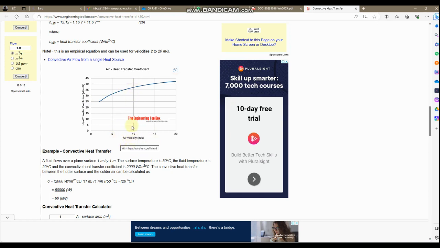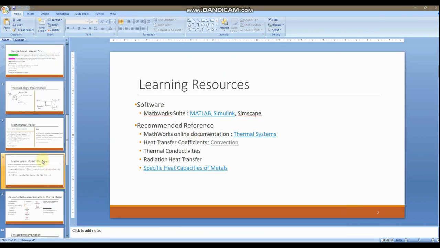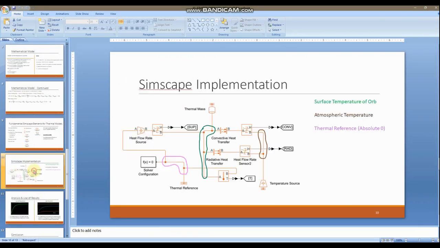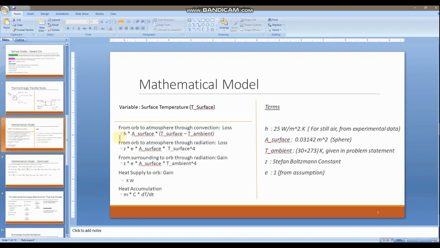But if I do specify it, then you'll have to figure out the corresponding heat transfer coefficient for that air velocity. So we'll take 25 and move on. Now this H can actually be evaluated theoretically, but we'd have to do some complex mathematics for that, and that's beyond our scope. For our purposes, using that experimental data should be totally fine.